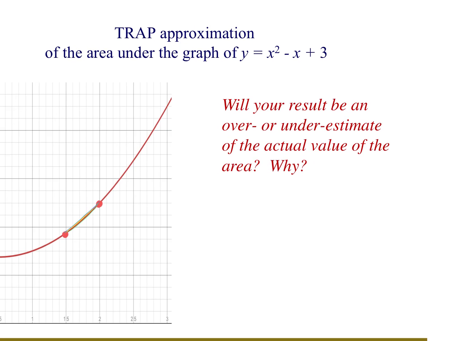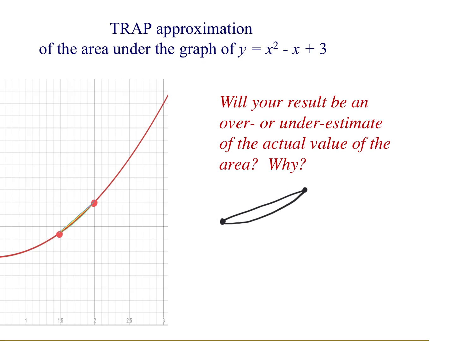And so if I zoom out and do a sample, and maybe exaggerate it a little bit more, a parabola would look like this. And so because this is concave up, because of the curve of a parabola, the trapezoids will always overestimate.